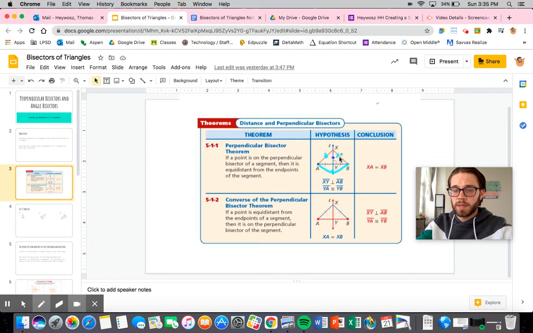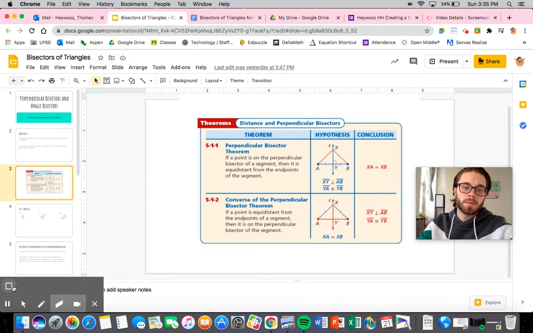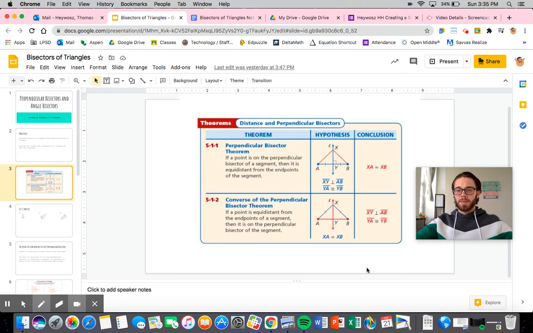So this is congruent to this, and this would be congruent to this. I'm not saying that these ones are congruent to this one. I'm just saying that this is congruent to this one. So that's what it says. If I take any point on my perpendicular bisector and draw lines to the endpoints of the segment, they will be congruent.